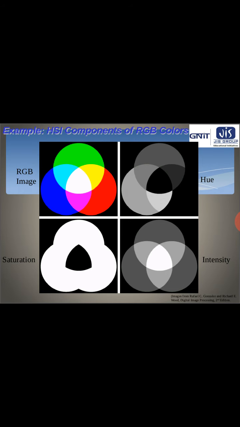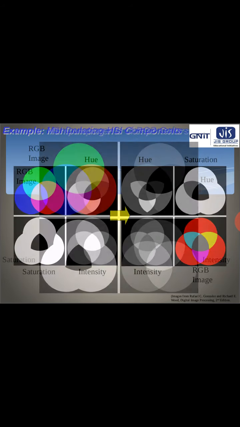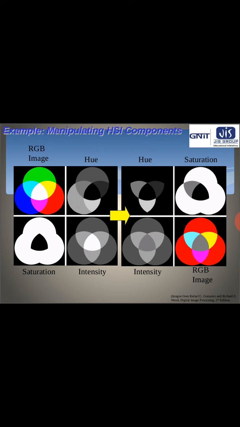If we move forward to the next slide, we can see that an RGB image has been given here. Here we will consider some manipulations on HSI components. First we took an RGB image and converted it into its equivalent HSI model, that means hue, saturation and intensity.